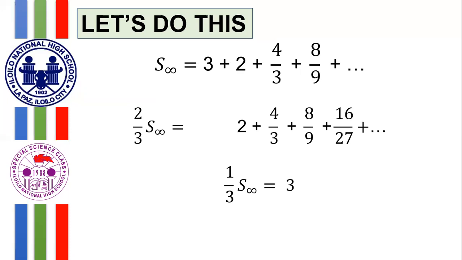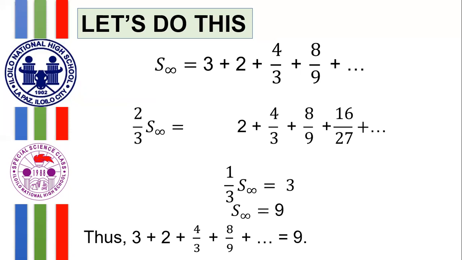Multiplying both sides by 3 to solve for the value of S sub infinity, you get S sub infinity equals 9. Thus, 3 plus 2 plus 4/3 plus 8/9 plus dot dot dot is equal to 9.